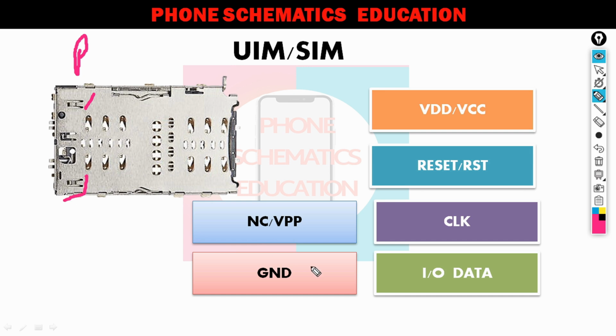So there is a positive and a ground. Without ground, the positive has no value by itself. Clear? Everybody know? After that, second, there is a reset. How the reset pin works, I'll explain later in this video.